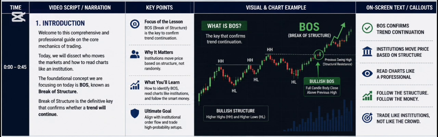Rule number one is momentum. The break must be driven by large displacement candles. Tiny, insignificant candles creeping past a level do not indicate institutional intent to expand. Rule number two is the close.